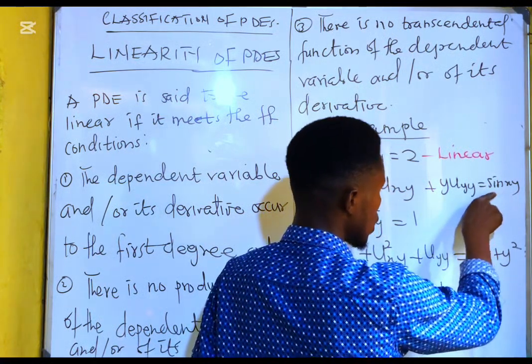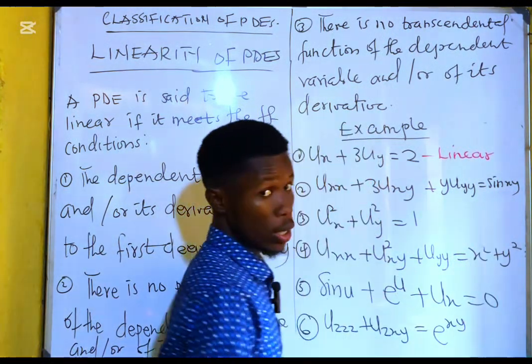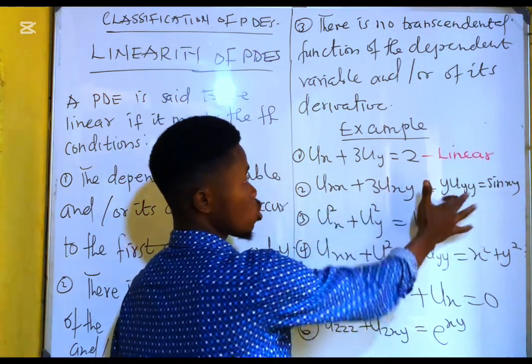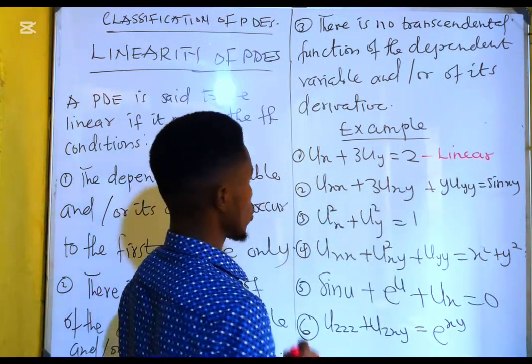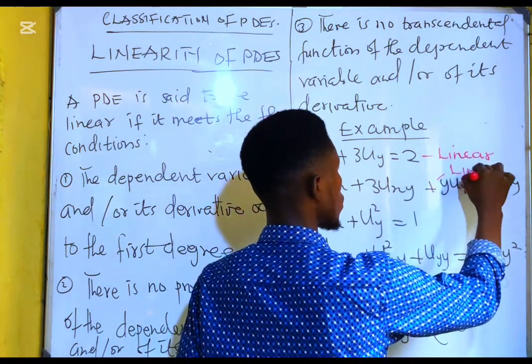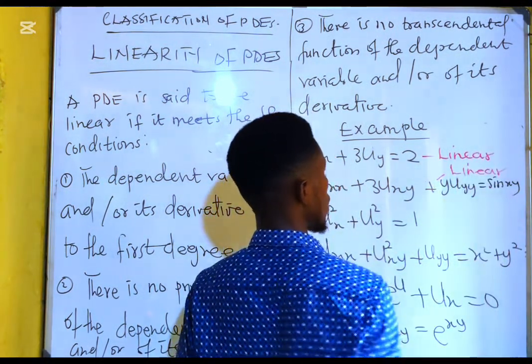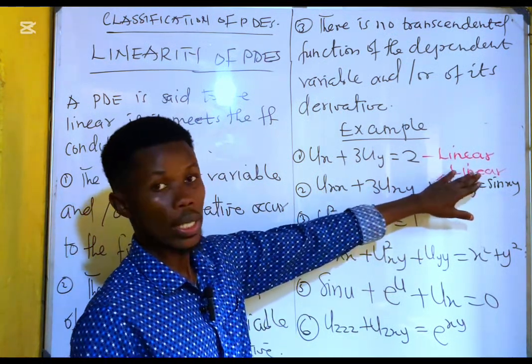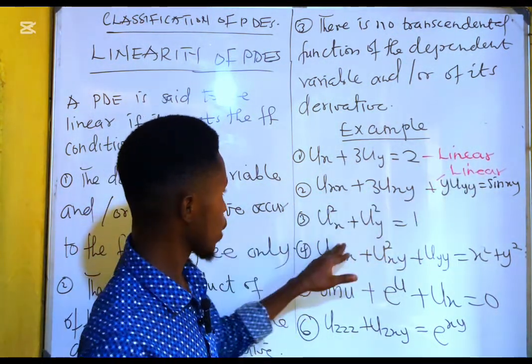You can see that it's only sine xy, there's no u there, so you can't count it. We are only focused on the dependent variable, which is the u here. So this one will also be treated as linear.